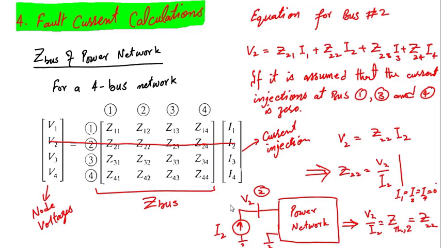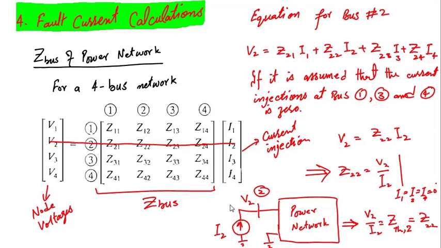So from this we can say that these diagonal entries are actually the Thevenin impedance between that node and the reference. Z11 is the Thevenin impedance between node number 1 and the reference, of the complete power network. Z22 is the Thevenin impedance between bus number 2 and the reference of the complete network.